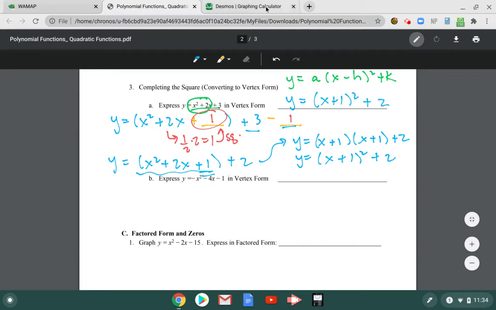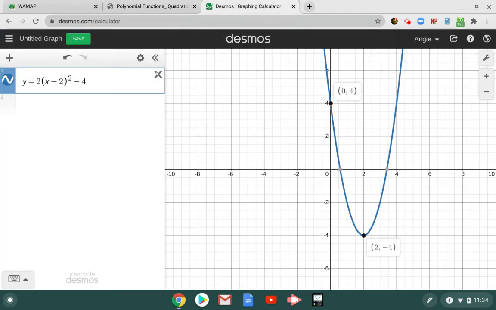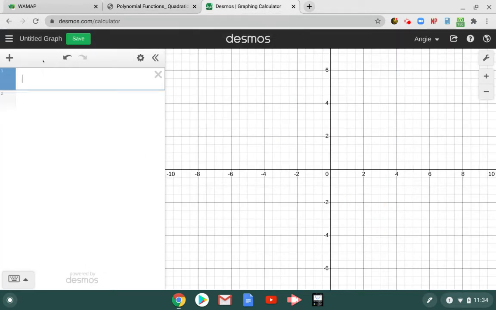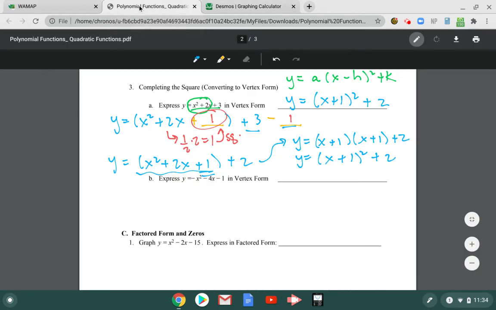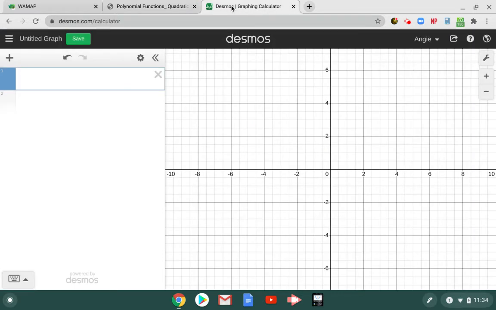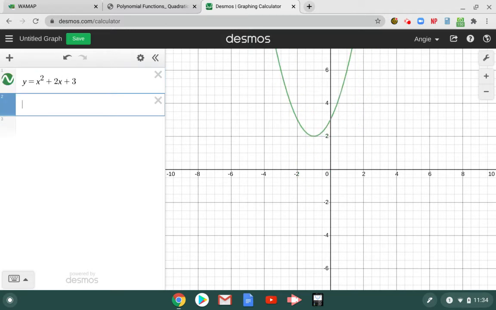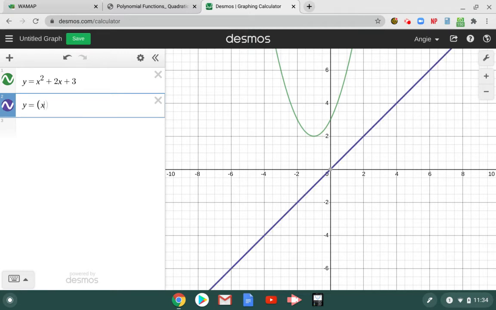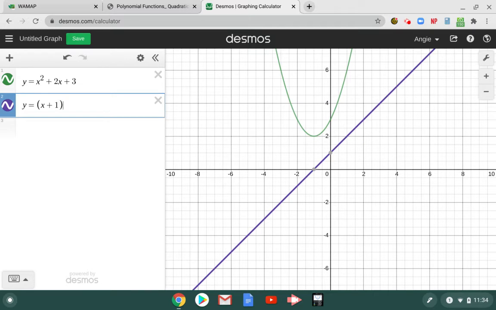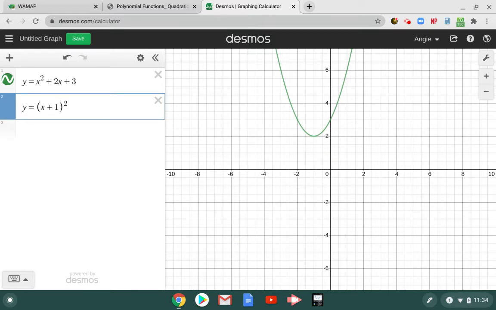We can check it with Desmos. So in Desmos, let me get rid of this. I'm going to go ahead and write the original polynomial, and I'm also going to type in vertex form for that polynomial. So y equals x squared plus 2x plus 3. Vertex form, y equals parentheses x plus 1 squared.